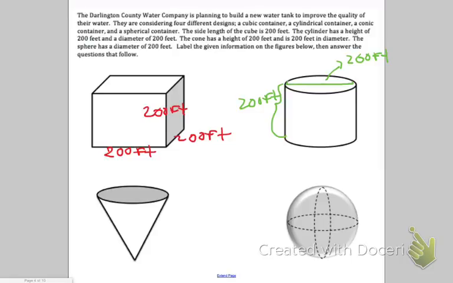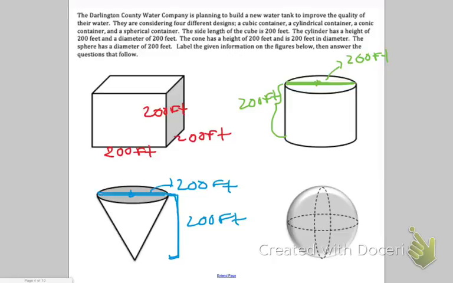In our cylindrical container, we have a diameter, so the circle that's at the top and the bottom would be 200 feet all the way across from one end to the other end, going through the center. And the height of the container is 200 feet. The cone also has a circle with a diameter of 200 feet, and the height of the cone from the base to the very bottom is 200 feet.